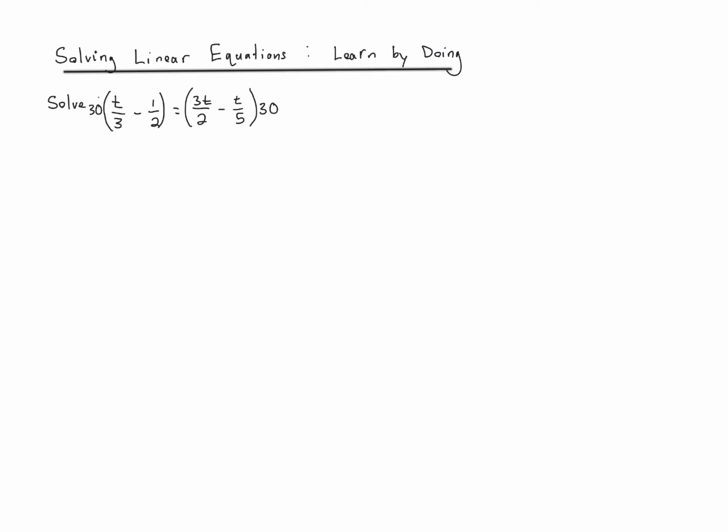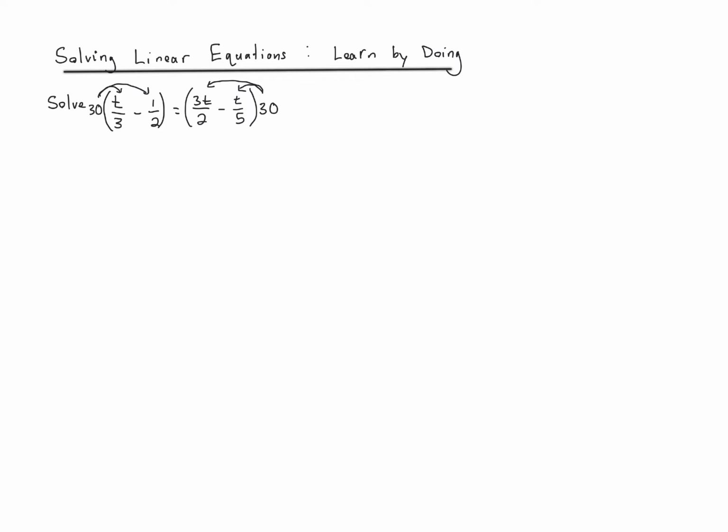To do that, we're going to have to distribute the 30 into each of the terms on both sides of the equation. Now, there's different ways to do this multiplication when we're multiplying a whole number into a fraction. We can multiply the whole number into the numerator, and then we can divide by the denominator afterwards. There's also ways that we can cancel common factors.